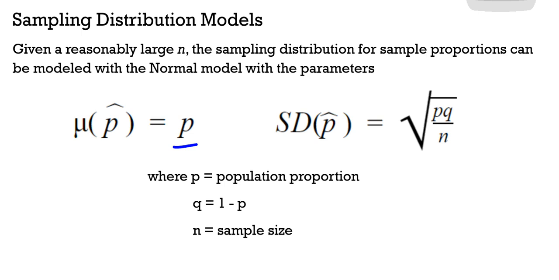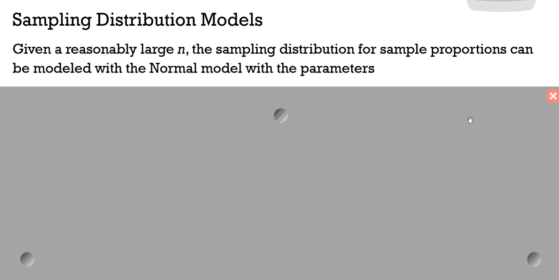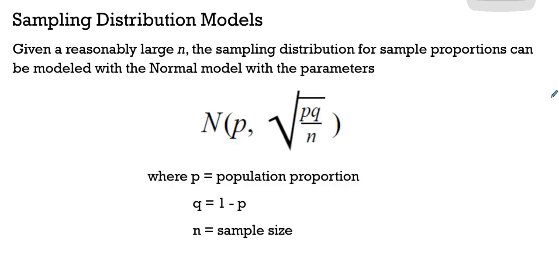Another way we can put this: when it's a reasonably large n, and we'll talk about that in just a second, we can model the sampling distribution for sample proportions with the normal model. And that normal model is usually described by the mean and the standard deviation.